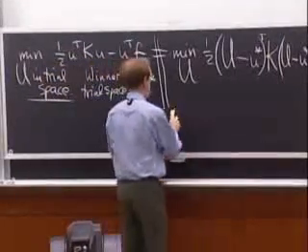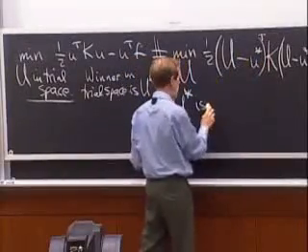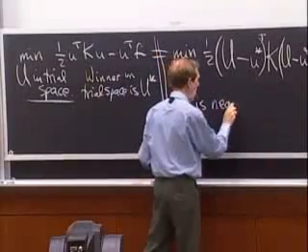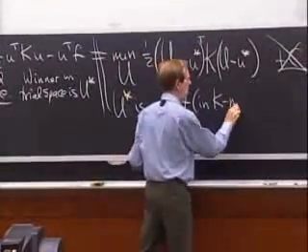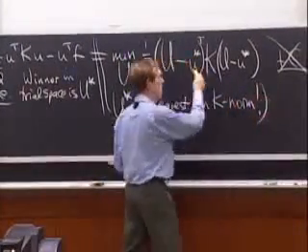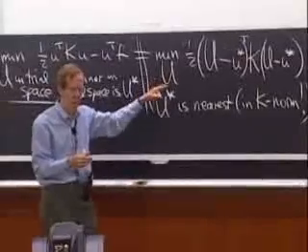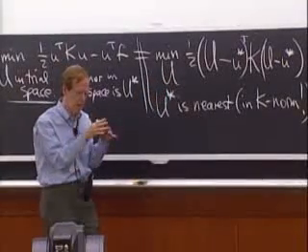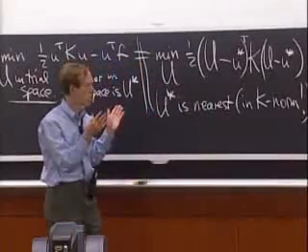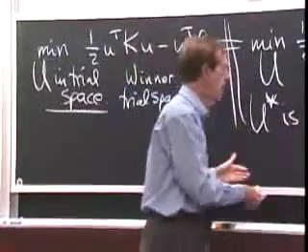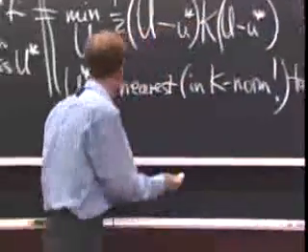Okay, so the winner, U star, is then, by this, since I'm minimizing that expression, it's certainly the nearest in the K norm. It's the nearest weighted by K. Somehow that K is important. That K is reflecting the problem we're solving. That K is the energy or whatever to U star.